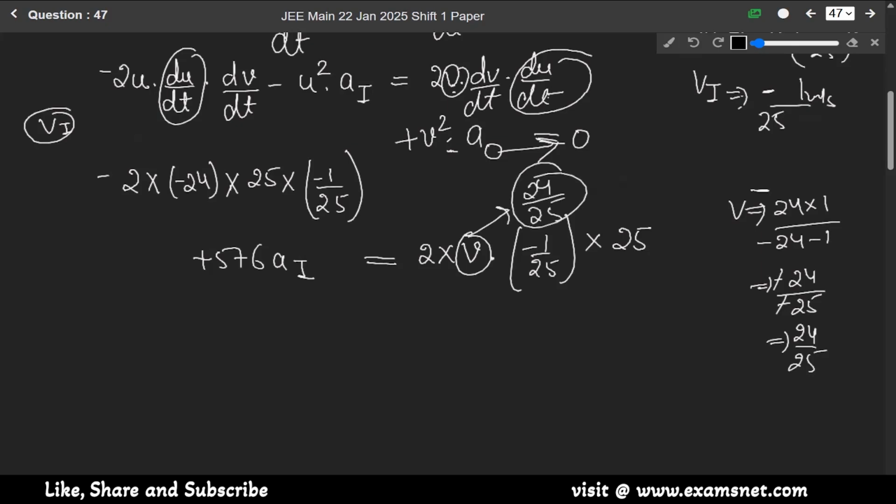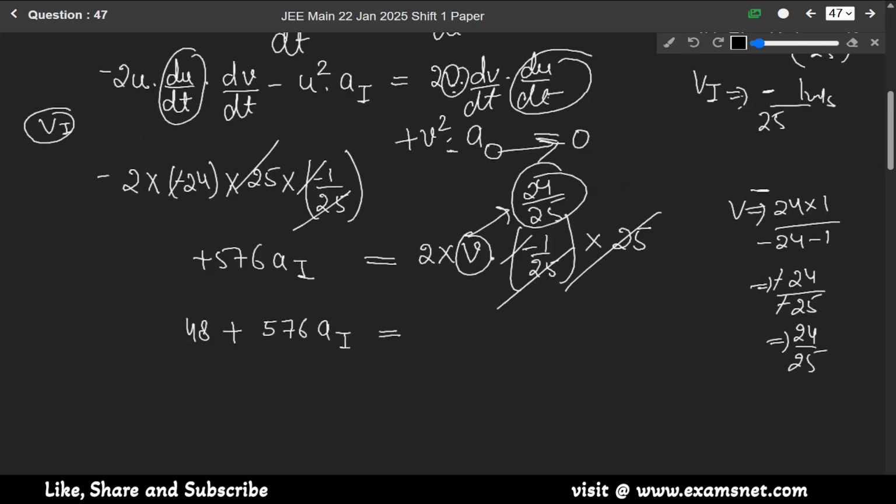Okay. So when we solve it, this minus will become plus, and this minus will be cancelled out by this minus. So this 25 will cancel out this 25. So we get 24 into 2, 48 plus 576 ai.